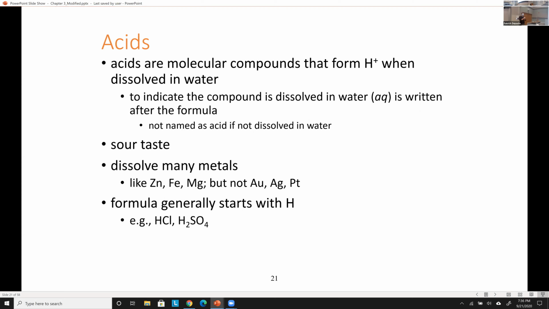So instead of the cation being a metal, the cation is going to be just H, either one H or two H's, or in phosphoric acid's case, 3 H's, because phosphate is a -3 charge. So here's some examples. HCl, hydrochloric acid. H2SO4, sulfuric acid. So anything with an H in the beginning is usually going to be an acid.